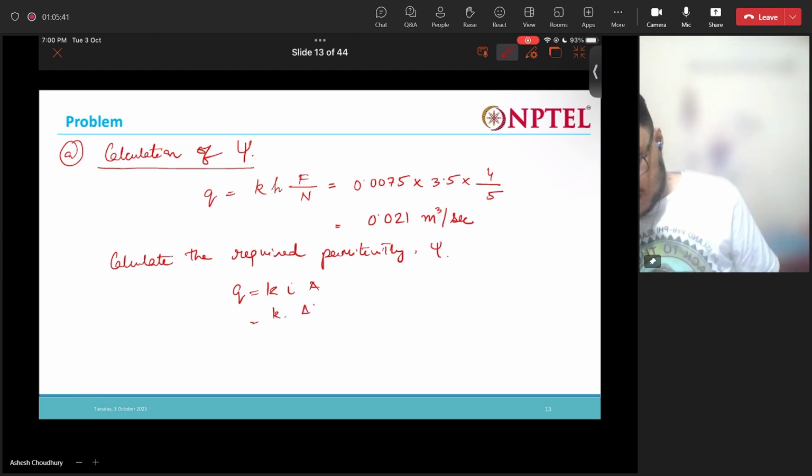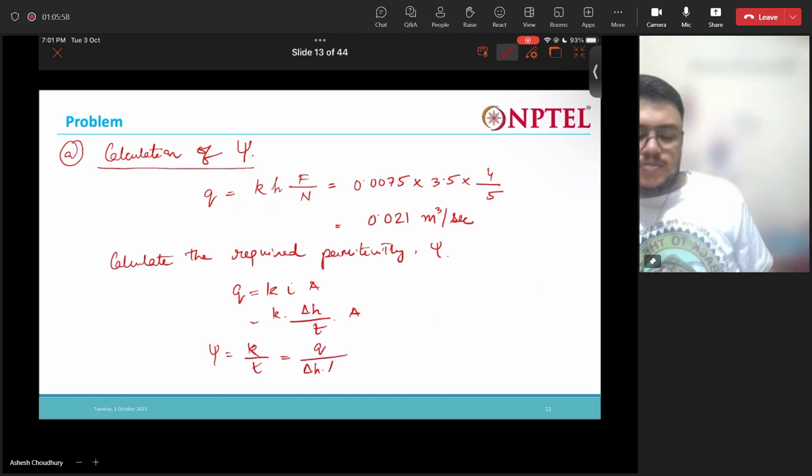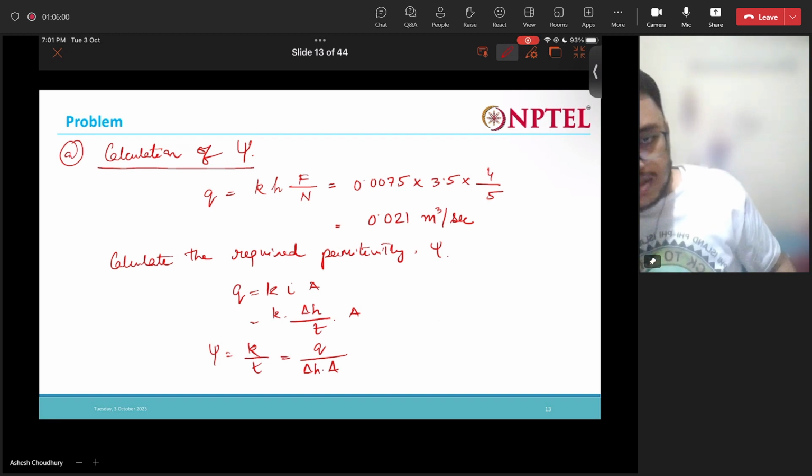K into head loss by t into A. So what is this? This is K by t, the permittivity, equal to Q by A.